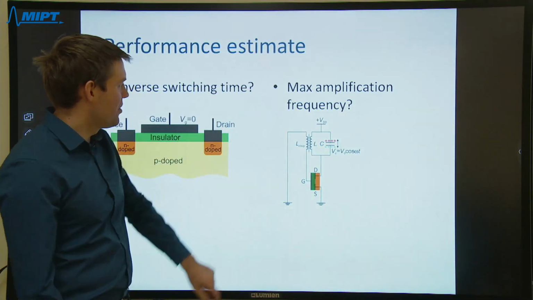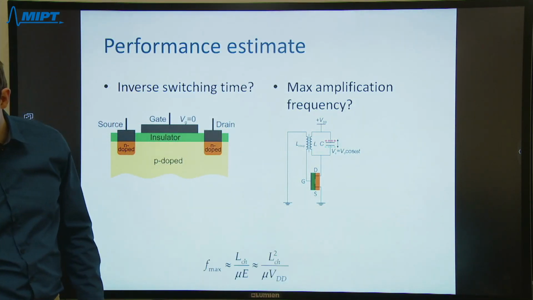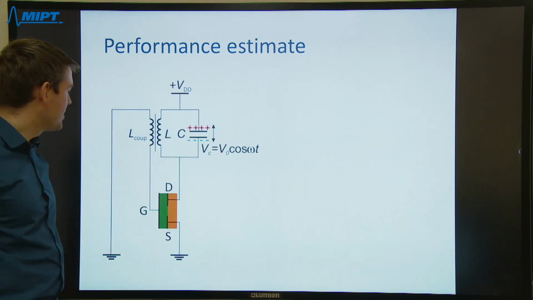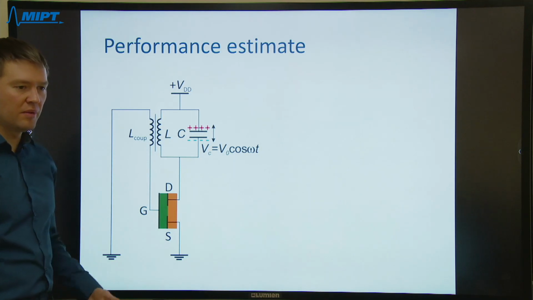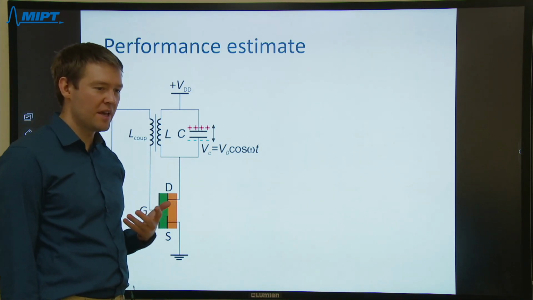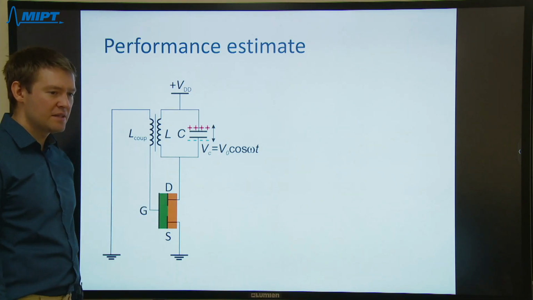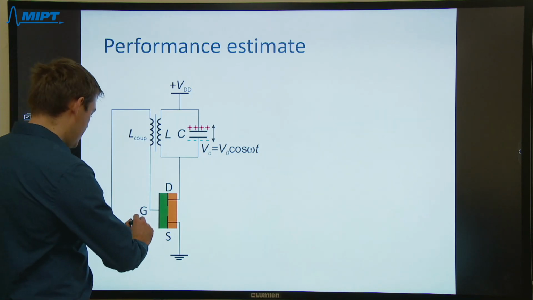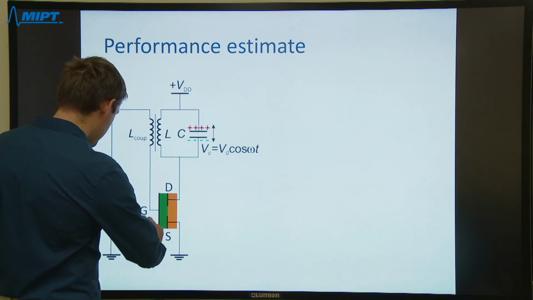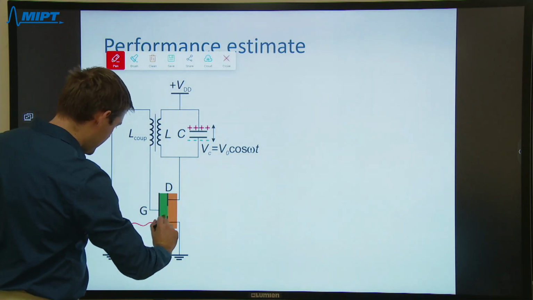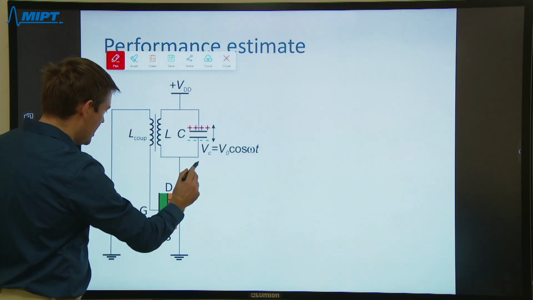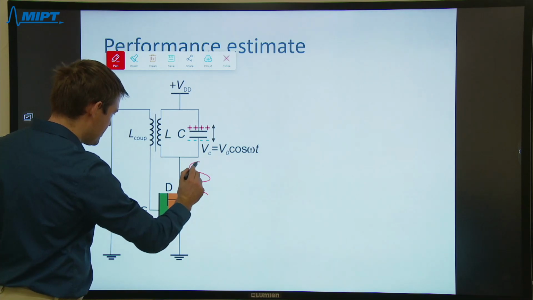There is another option to estimate the maximum frequency at which the transistor can operate. It is based on the consideration of analog circuit, where we want to amplify a tiny signal applied to the gate and make it a large signal in the external circuit.